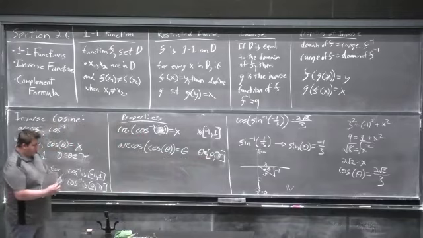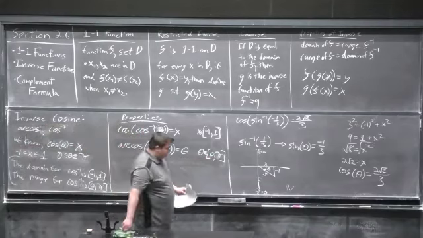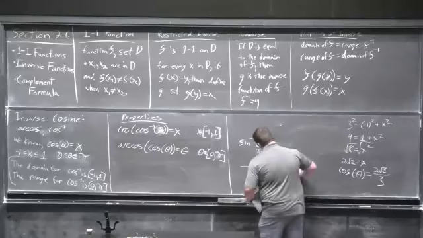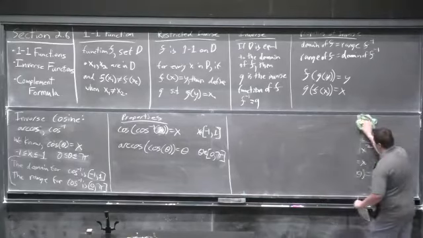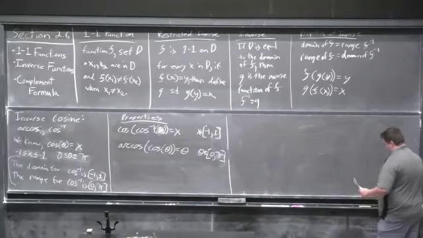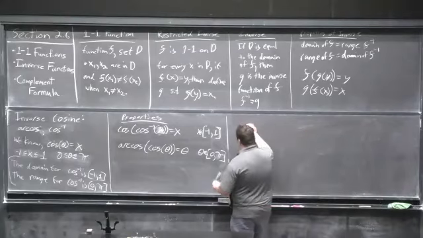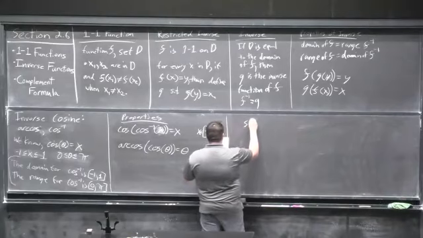So an important consequence of these two theorems, or definitions, I should say, is how cosine and sine behave. This is the complement formula.